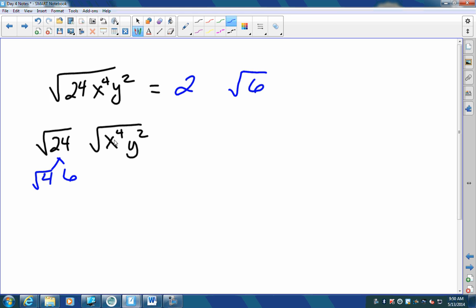Now, x to the 4th, I have 2 sets that'll come out. Take the 4 divided by 2, so I've got x squared. The y's, divide that by 2, and that's a y. It works out evenly. So your answer becomes 2x squared y, the square root of 6.